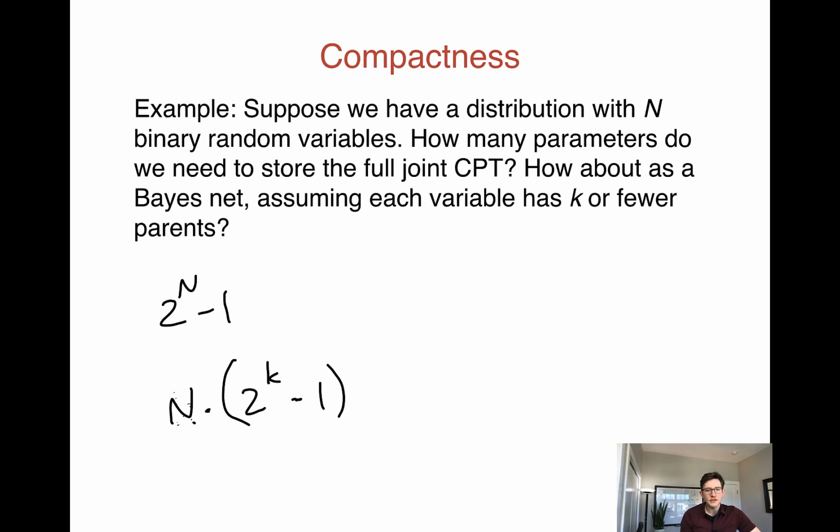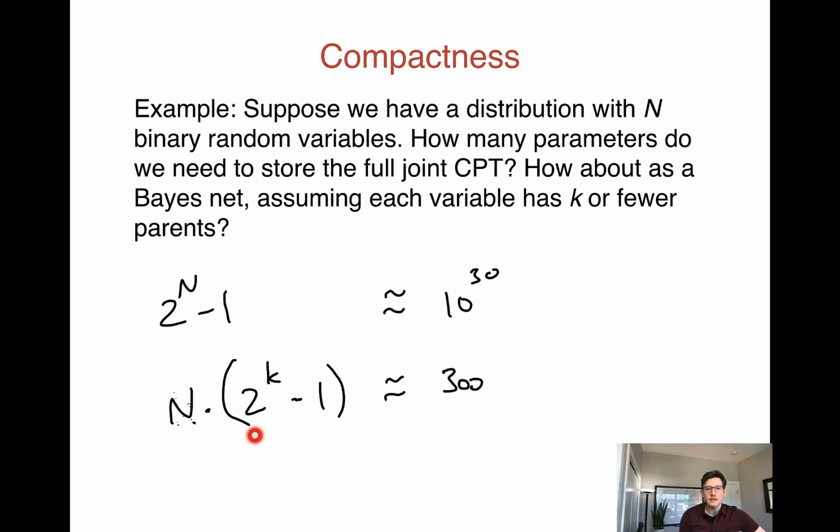Now let's give an example of what happens if n equals 100. Let's say n is 100 and k is 2, so each variable has just 2 parents. If we tried to write down the full conditional probability table, that would have 2 to the n entries, which is 2 to the 100, roughly 10 to the 30.